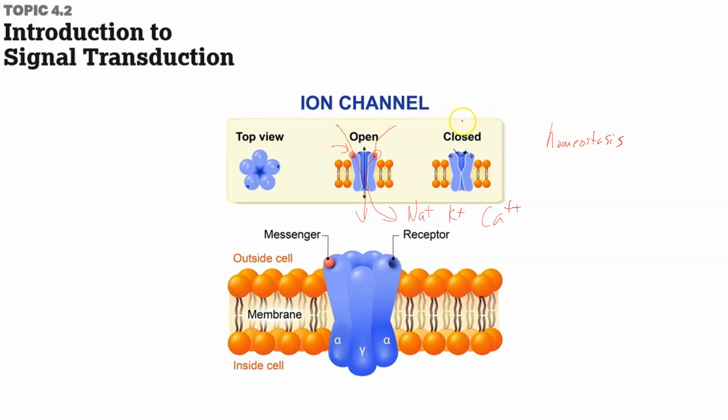So we need to keep different concentrations of things like, maybe this needs a lot of sodium out here to be maintained, and this side needs a lot of potassium to be maintained, right? So they will respond typically to some sort of messenger, which will open it up and allow these molecules, or specific molecules, to flow freely from one side of the cell membrane to another. This is called an ion channel.